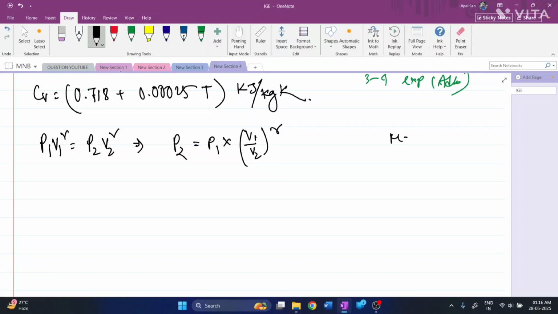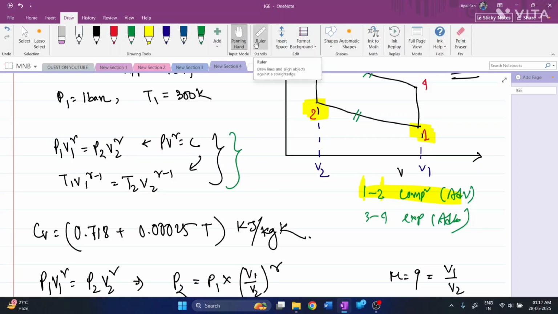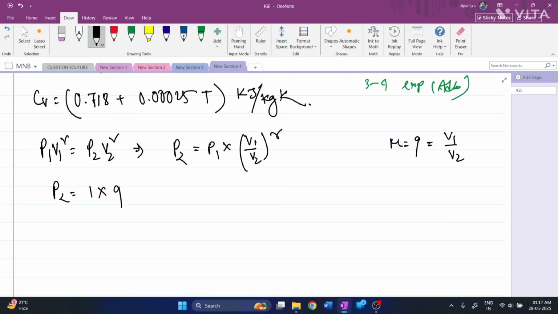The compression ratio is 9, which is equal to V1 by V2; from the diagram, we can identify these points V1 and V2. So we find P2 as P1, given as the intake pressure of 1 bar, into V1 by V2, which is 9, to the power gamma, taken as 1.4 in this case.